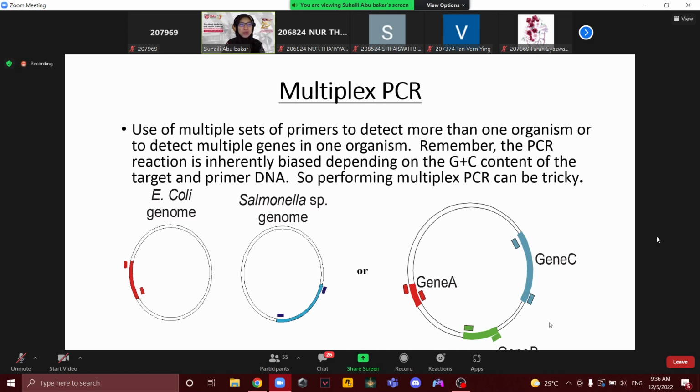Delta, Beta, Omicron. Can you imagine in one sample from a human, you can see all the strains of the virus, with a different primer for each strain? Can you see that? So that is the advantage of multiplex PCR.